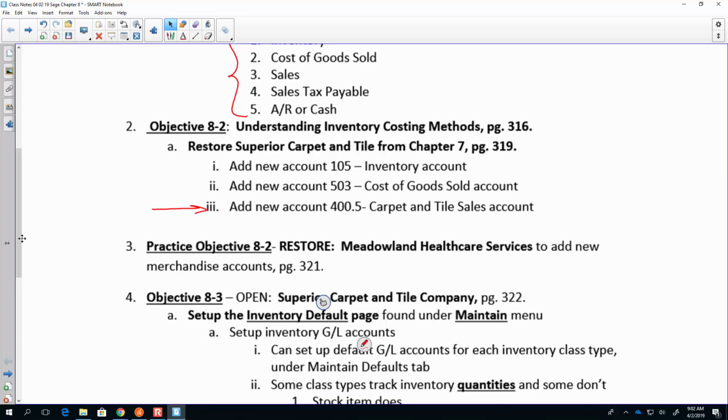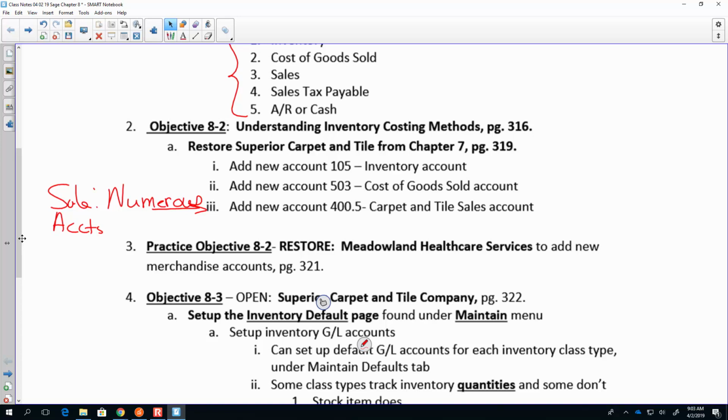And just to mention here, these sale accounts could be quite numerous, right? It all depends on what information you want to track. If there's a certain segment of your business that you want to track, well, you got to set up a sale account to track it.